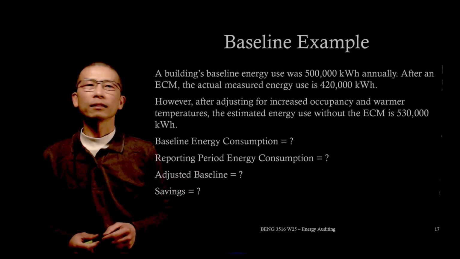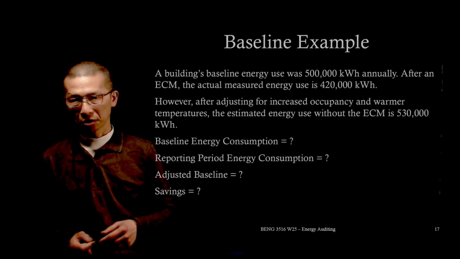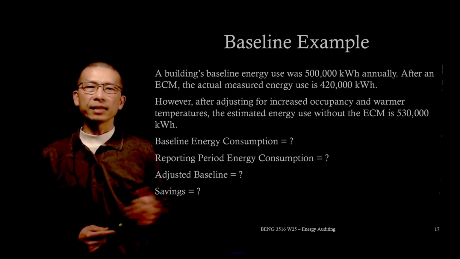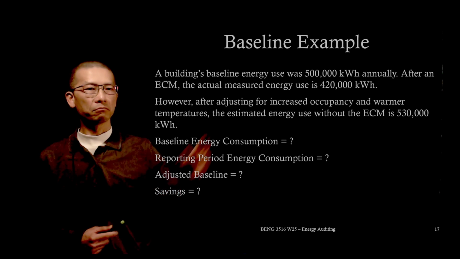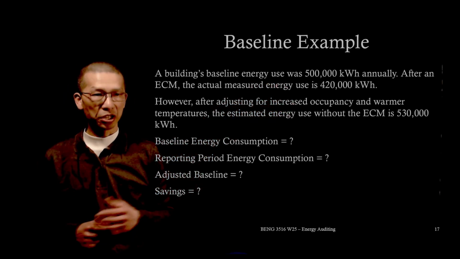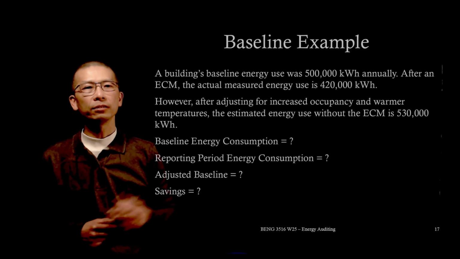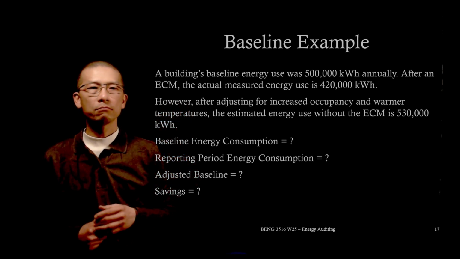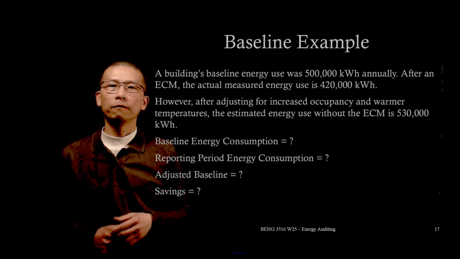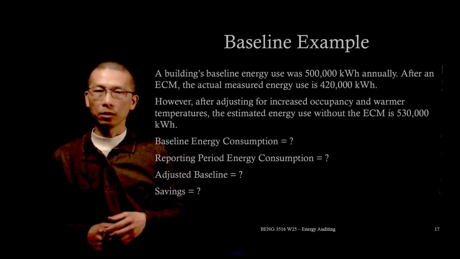Now let's look at another baseline example here. The baseline energy consumption is 500,000 kilowatt hours per year. After the ECM, the actual measured energy use is 420,000 kilowatt hours.